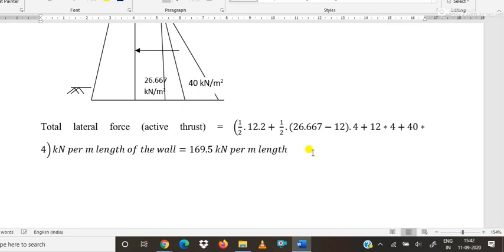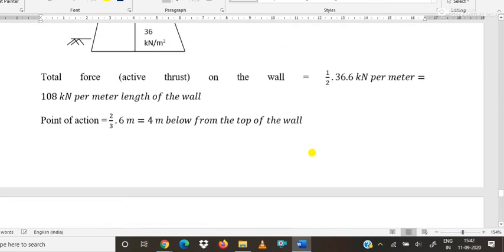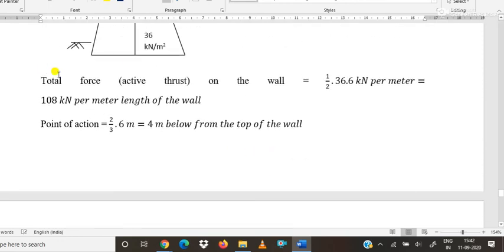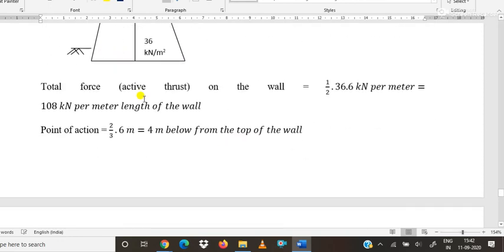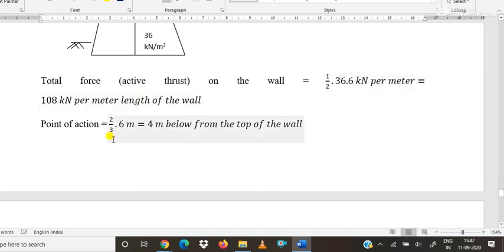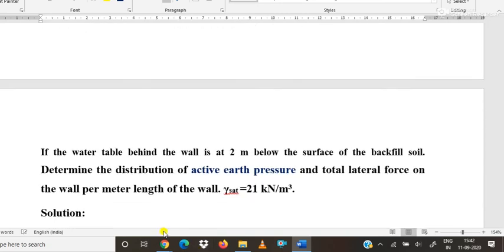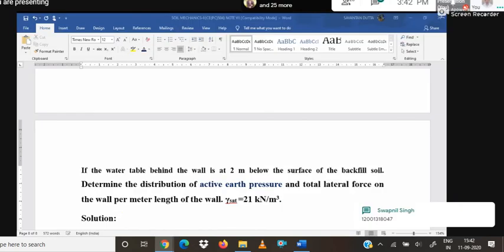the point of action. Here there was one triangle, that's why we calculated only the CG. Okay, someone is saying something.